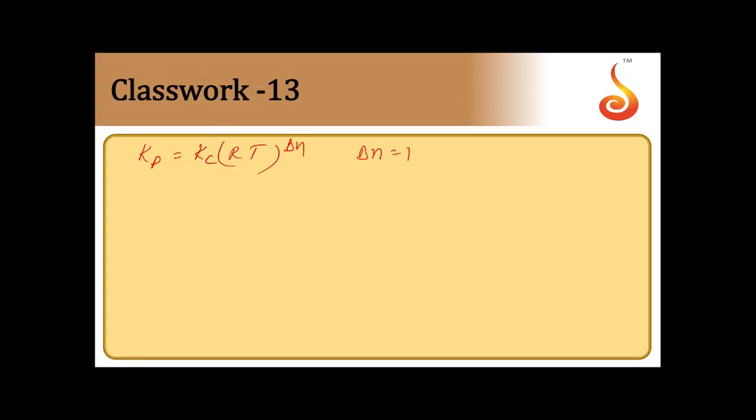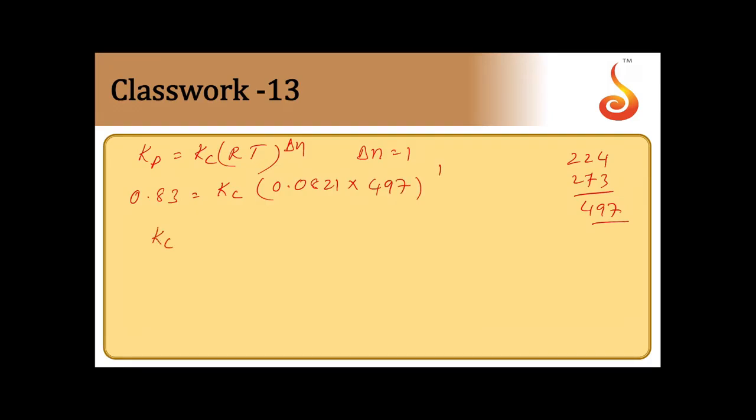Now substitution: Kp is found to be 0.83, so 0.83 is equal to Kc into R, 0.0821, into T. T is given as 224 Celsius. Adding 273 for that, we get 497. So into 497, and delta n is equal to 1.